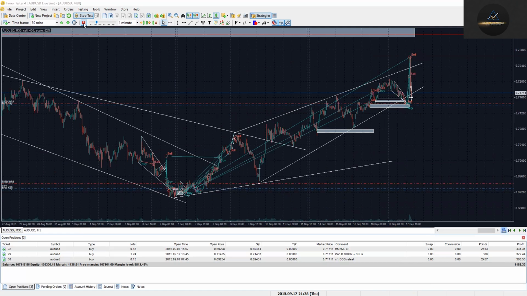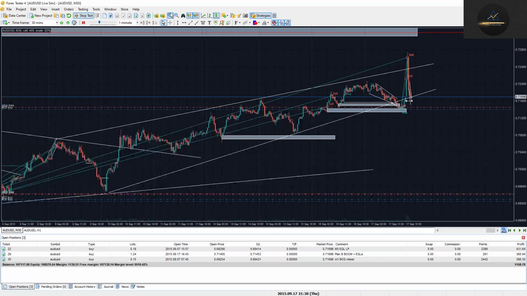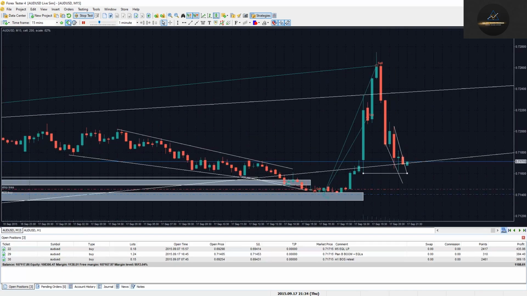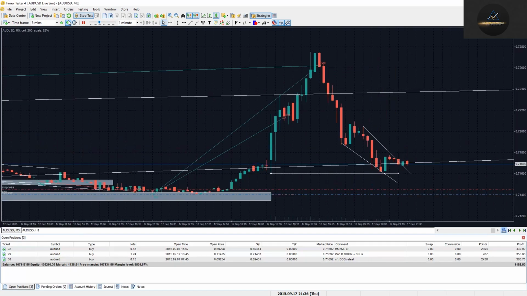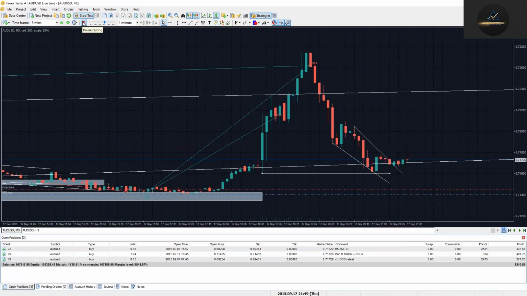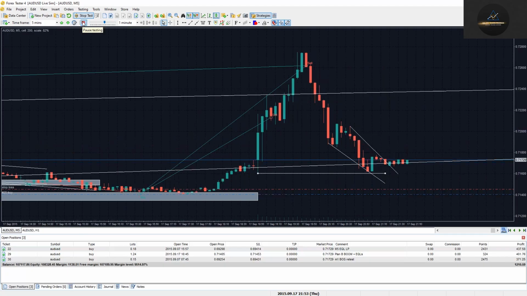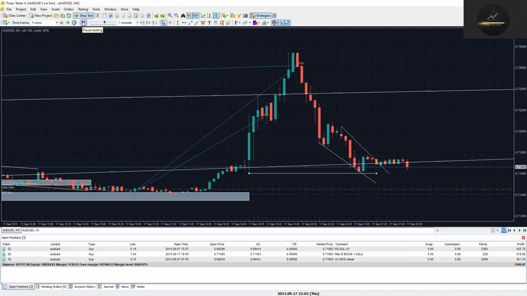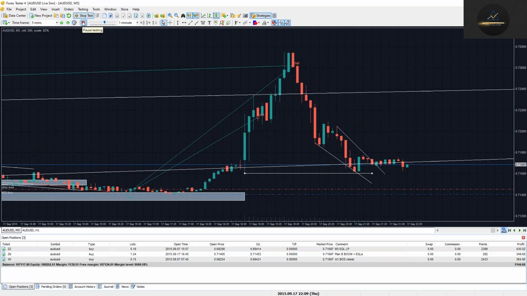Okay, so let's press play. Let's zoom in. What do we see? Speed it up. Can we get breaker structure on the M5? Okay, no, we don't get the pattern.